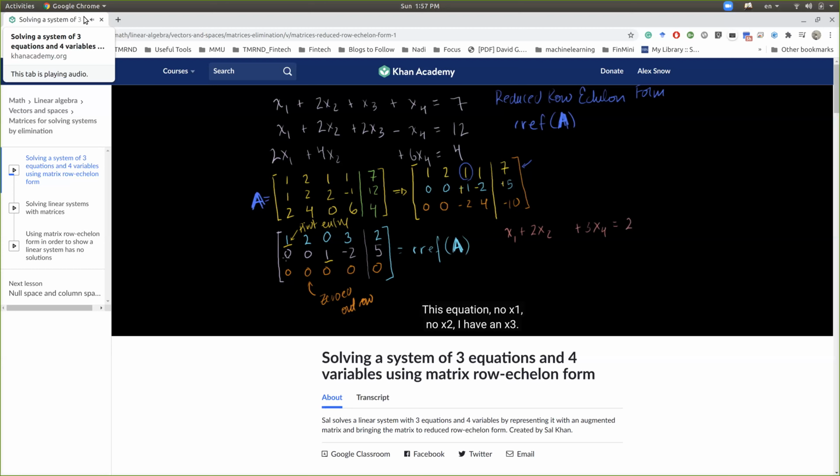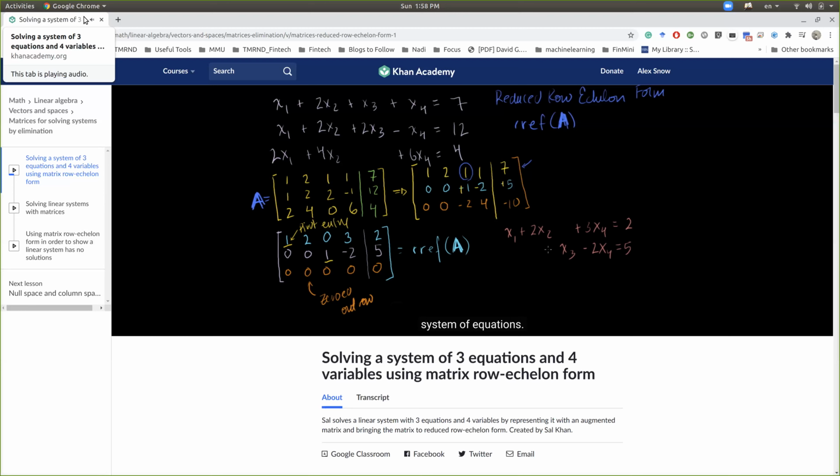And then this equation, no x1, no x2, I have an x3. I have x3 minus 2x4 is equal to 5. And then I have no other equation here. This one got completely zeroed out, so I was able to reduce this system of equations to this system of equations.